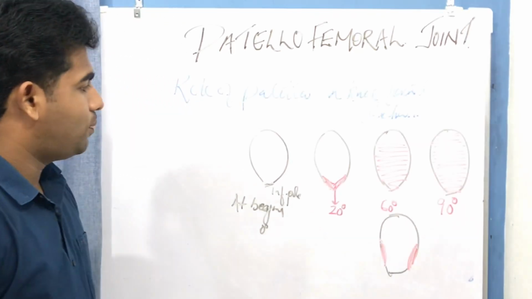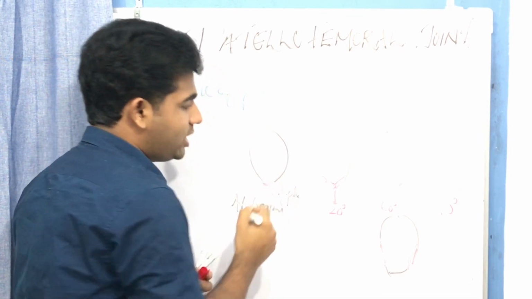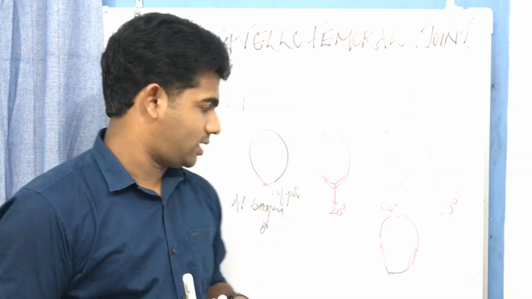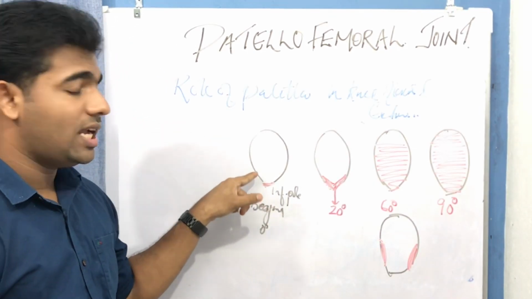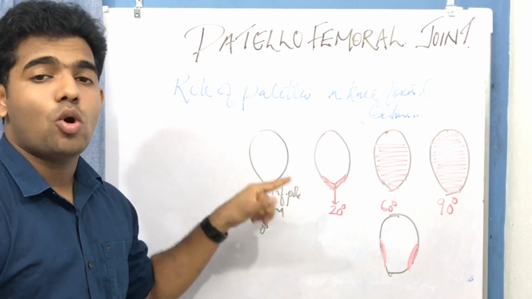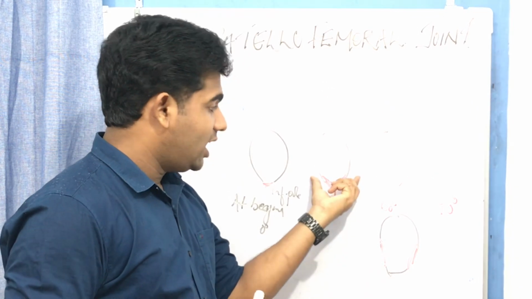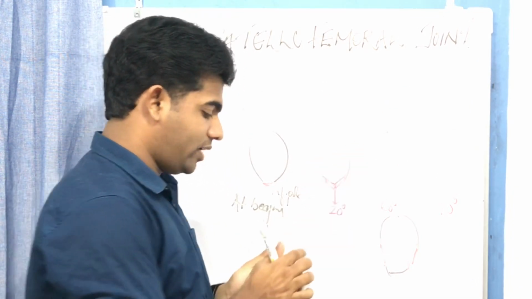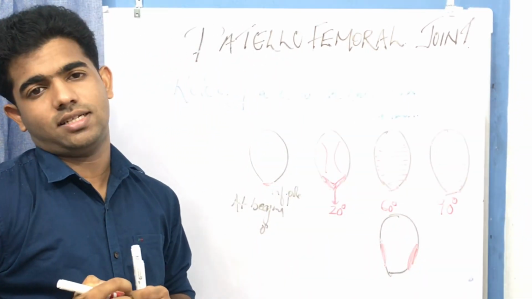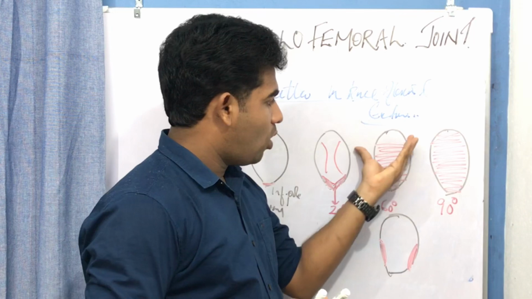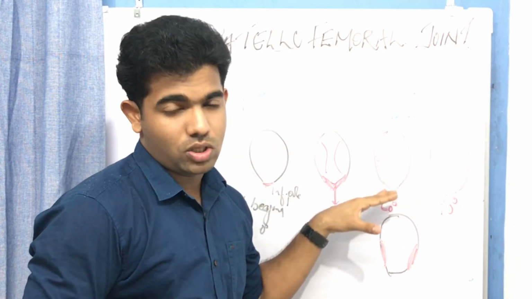So see, the contact with respect to the femur changes as the patella moves in the femoral sulcus. At the beginning of extension, only the inferior pole of the patella has contact with the femur. When flexion increases to 20 degrees, the inferior margins of the medial and lateral facets, of course we have the medial facet and lateral facet like this, come in contact. At 60 degrees, almost all parts except the superior region, the base of the patella, come in contact.